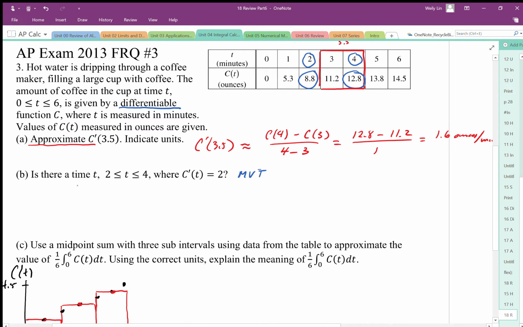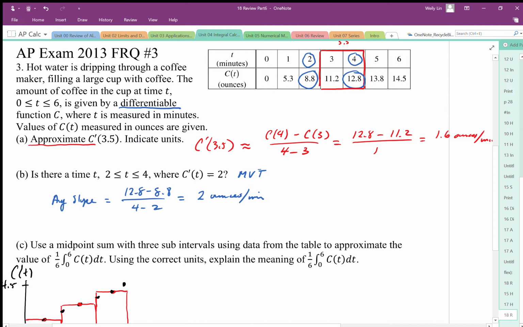So the average slope is going to be 12.8 minus 8.8, and that's going to happen in a time interval of 2 minutes. So we end up with 2 ounces per minute, and that is our average slope. The instantaneous slope is 2, so this is in fact true.